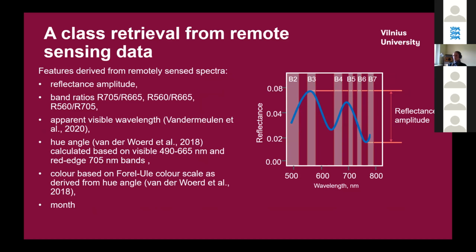For example, hue angle, which is related to water color. It is calculated based on 4 bands, so it's integrating more information than if we used only 1 band, for example. And we also used month data as a feature, as we thought that this could help to separate lakes where we have some strong algal blooms.